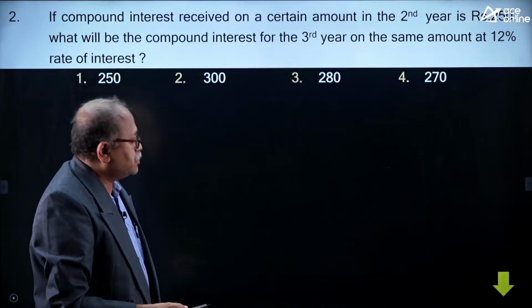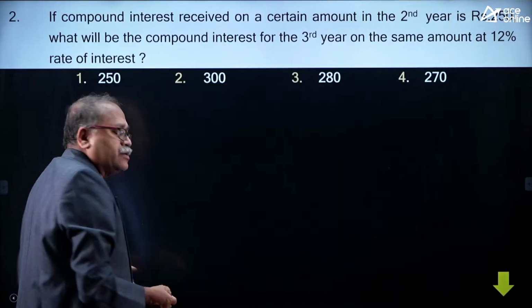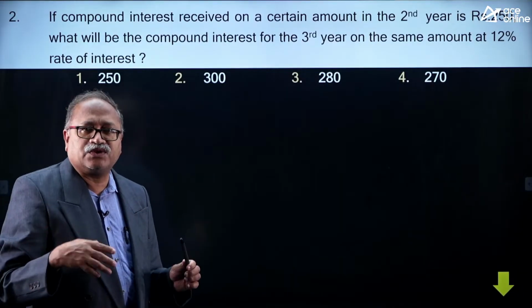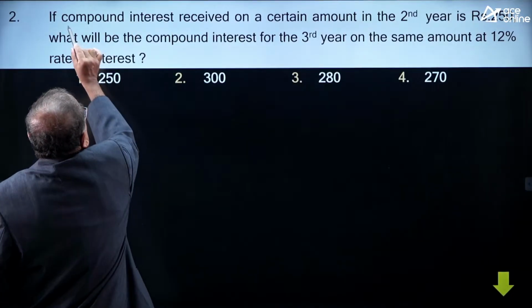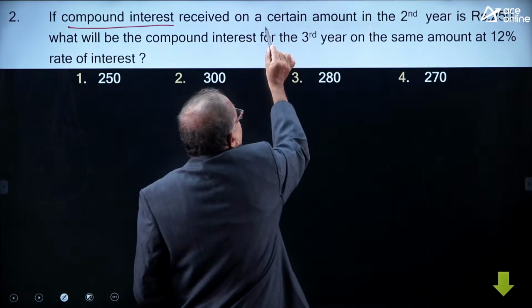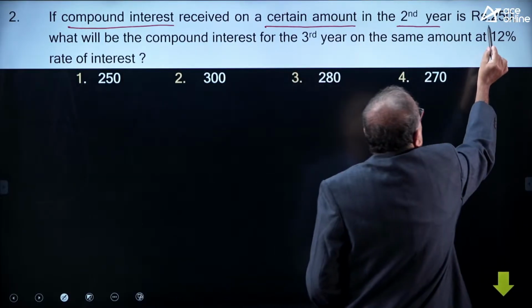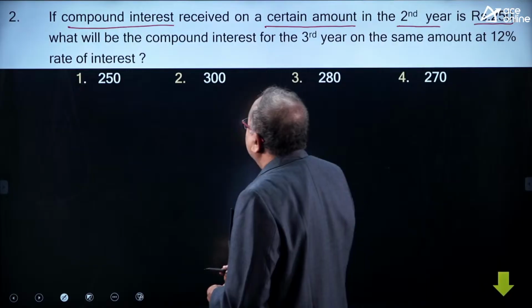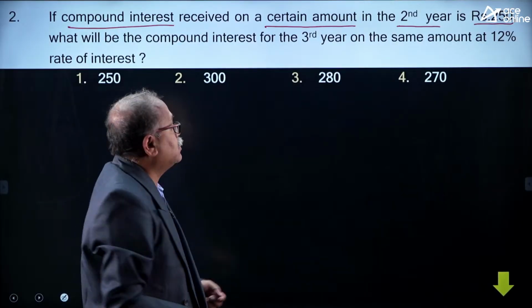So the next question over here is this. It's just a practice, so your speed will increase, your understanding will increase. If compound interest received on a certain amount in the second year is rupees 250, second year, not after 2 years, second year interest.